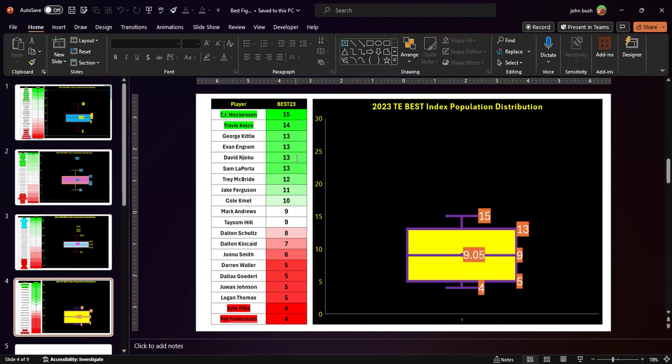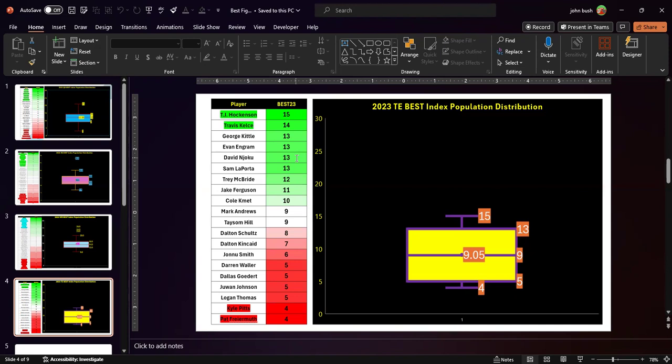Mark Andrews in 21 with a 17. And your absolute favorite best ball tight end ever, Zach Ertz, with a 17 back in 2018 for the Eagles.